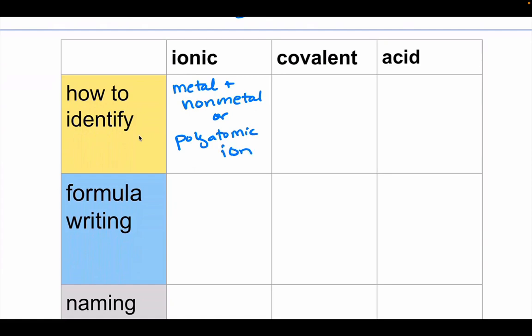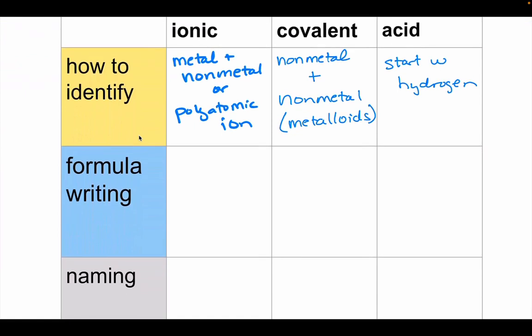Covalent is going to be a nonmetal and a nonmetal. And we're going to count the metalloids as nonmetals when we're doing this. They're not nonmetals, but we're going to count them as being a nonmetal when we're trying to determine what kind of compound. And then acids, remember, are going to start with hydrogen.